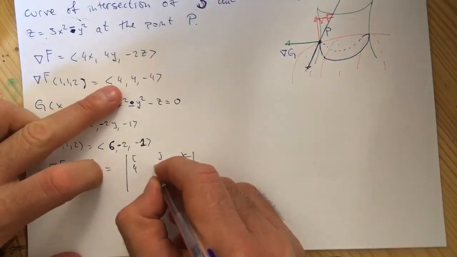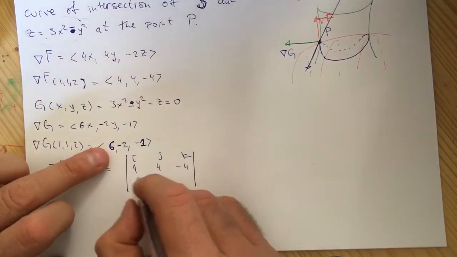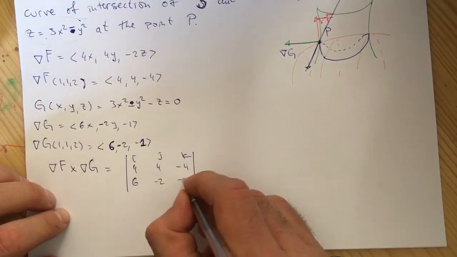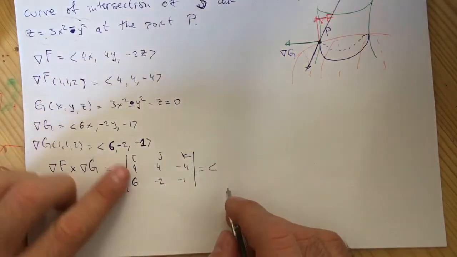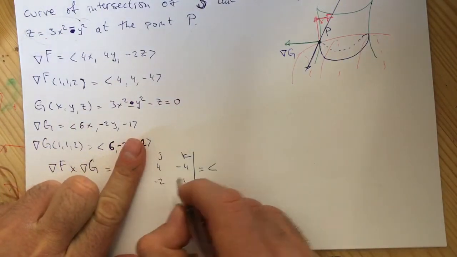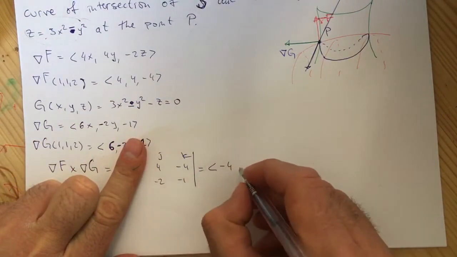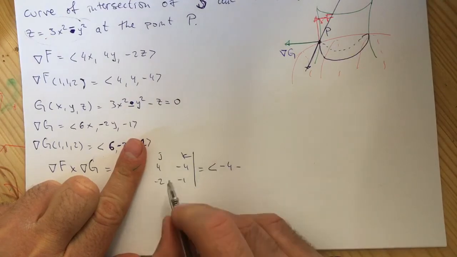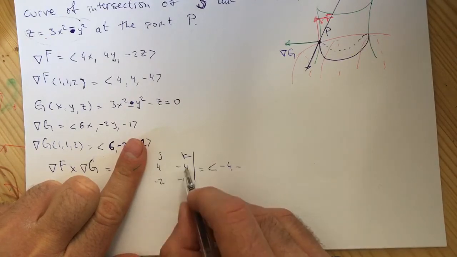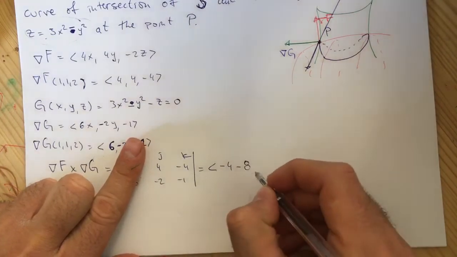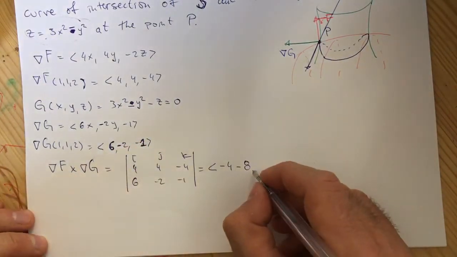F is 4, 4, -4, and g is 6, -2, -1. So the first component is 4 times -1 is -4 minus -2 times -4 is 8. So -4 minus 8.